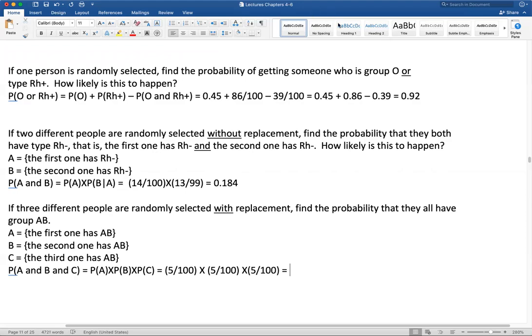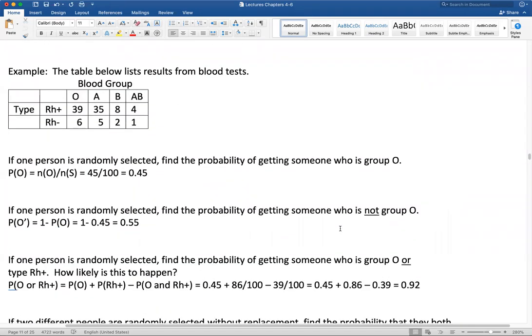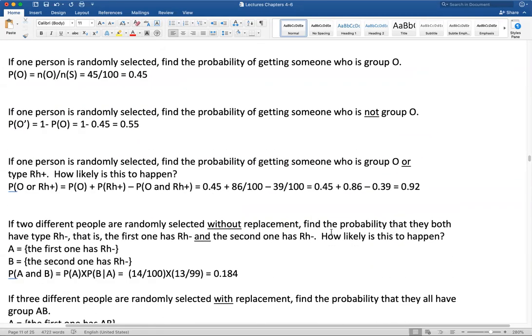So I got 1.25 times 10 to the minus 4. Okay, we got this. For a recap, I just solved these problems.